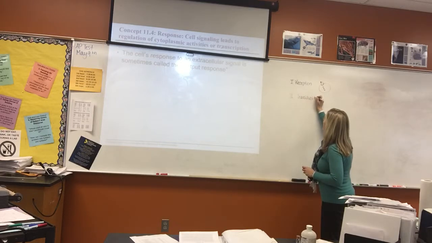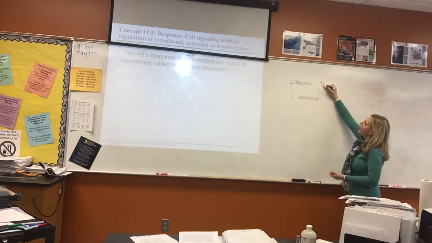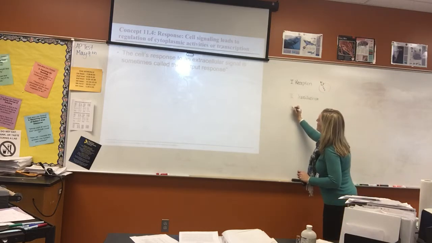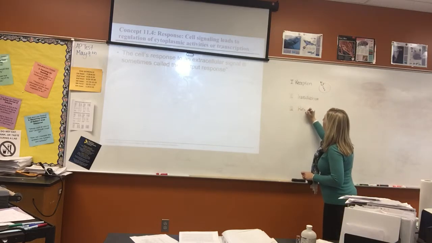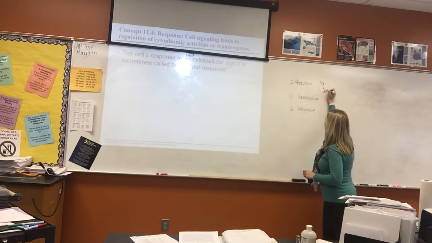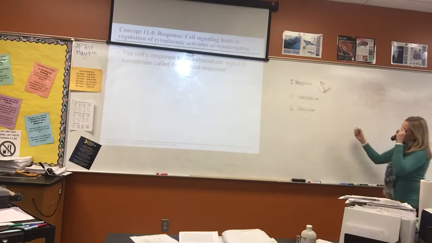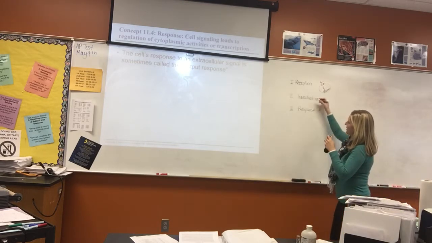They call this the signal transduction pathway. It's usually activating certain enzymes in this pathway, and then eventually we get to our response, which is the change that's going to occur in the cell as a result ultimately of that ligand binding. So we are on the response part here.